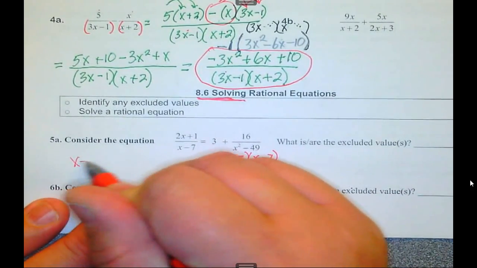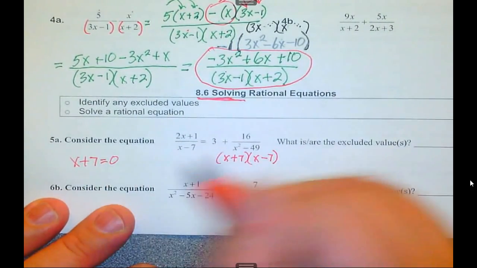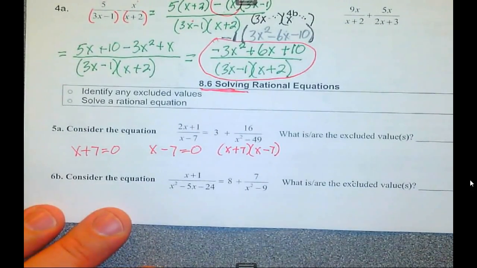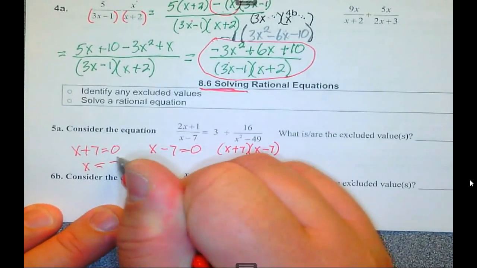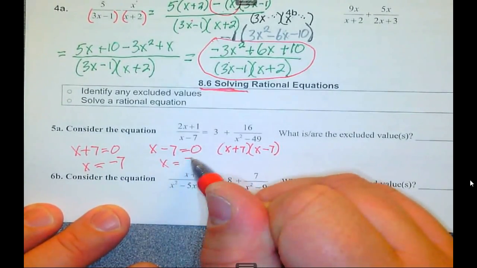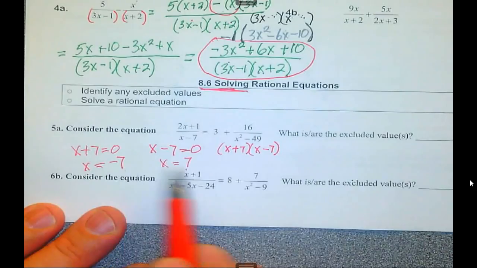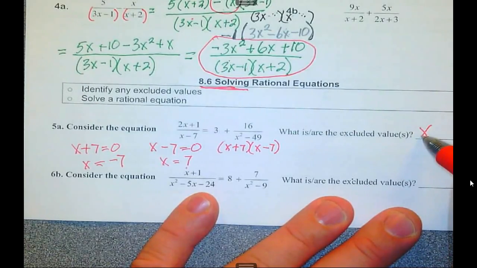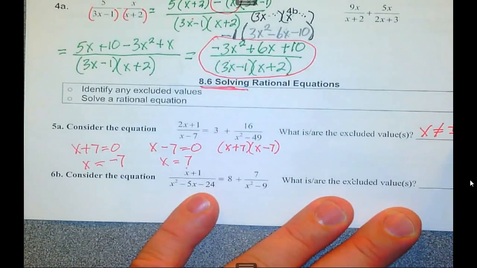I have x plus 7 equals 0, and x minus 7 equals 0. Here, x equals negative 7. Here, x equals positive 7. These numbers will make my denominator 0, so I have to exclude them. x cannot equal plus or minus 7.